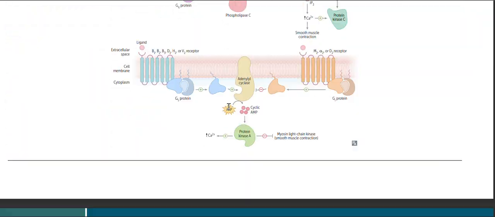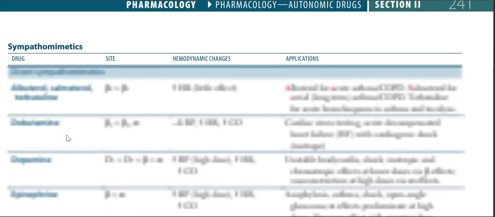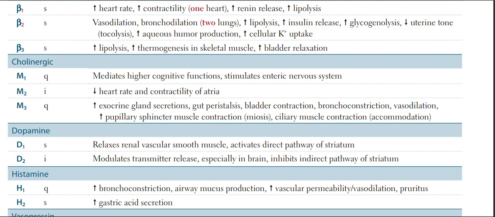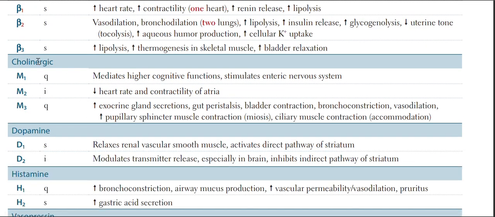Yeah. And then we also had the types of receptors. So now these mechanisms, right? You do need to remember them. There's not a lot you can bypass. You do need to remember that M1 has the Q channel, so Gq protein, and then M2 has the Gi protein.